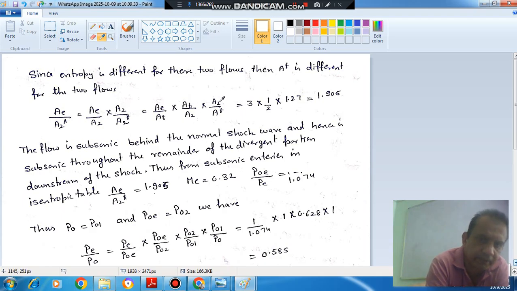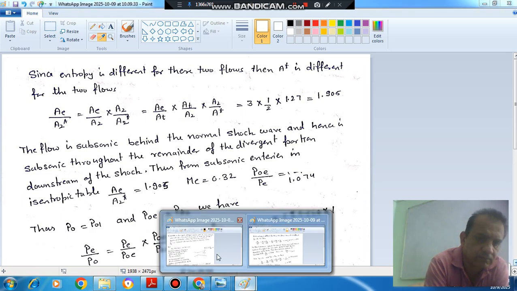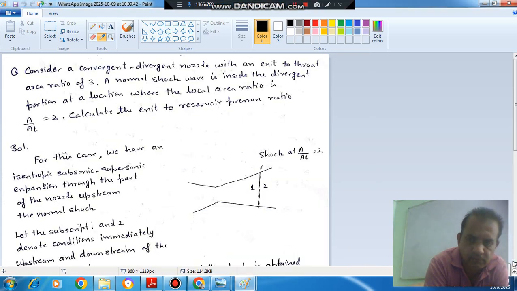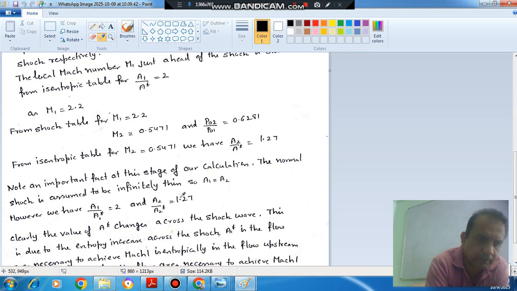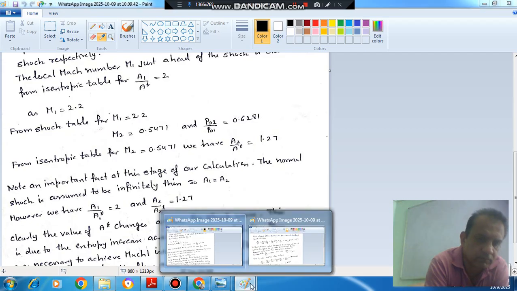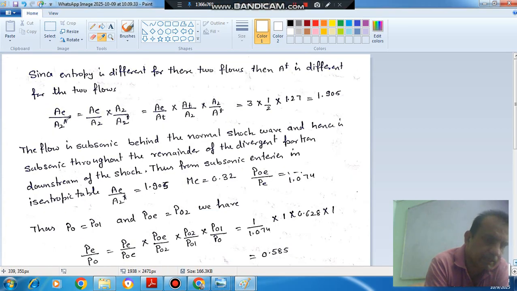And A2 by A2 star we have found out, because we need this A2 star. A2 by A2 star is 1.27, that we have found here also. So from this we can get AE by A2 star, that is 1.905, and that is the exit area to critical area ratio in the downstream section.